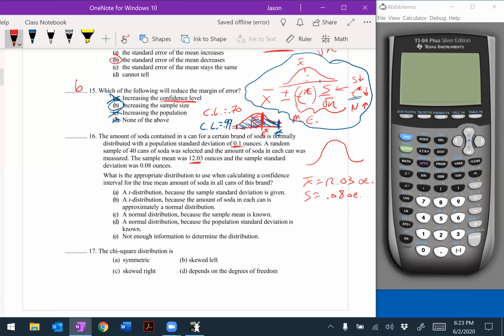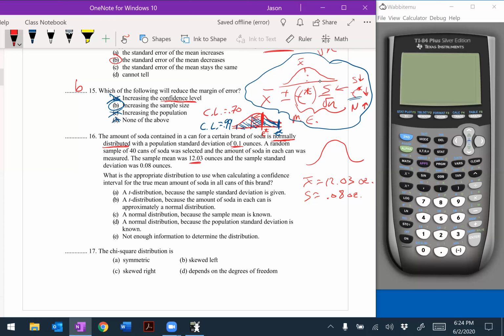What is the appropriate distribution to use when calculating a confidence interval for the true mean amount of the soda in the cans of this brand? Well, they told me that the population is normal, right? So remember, when the parent is normal, the child is normal.